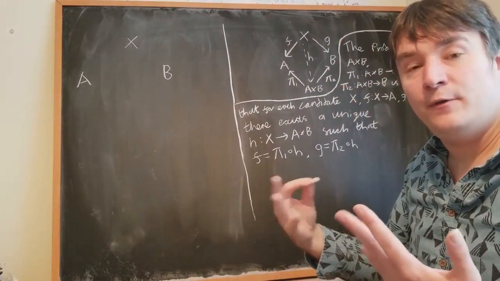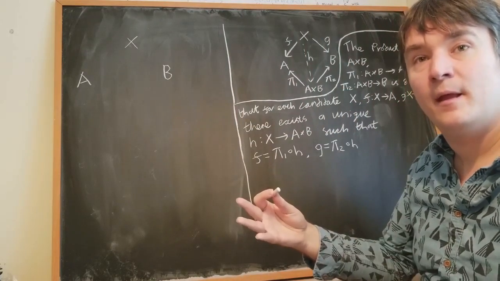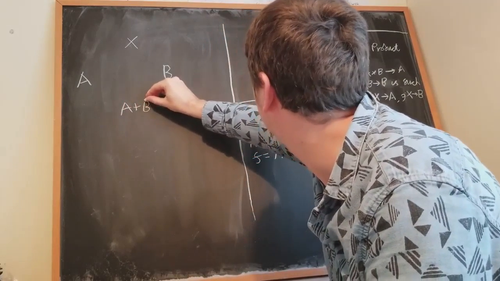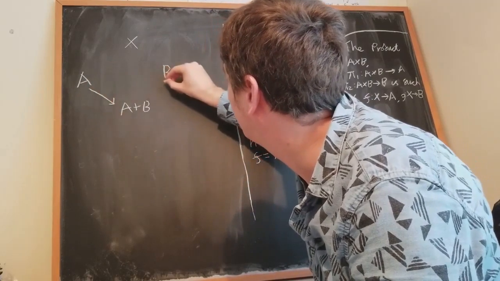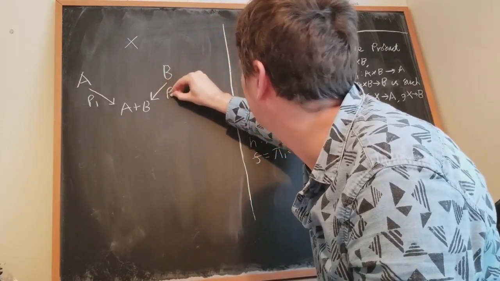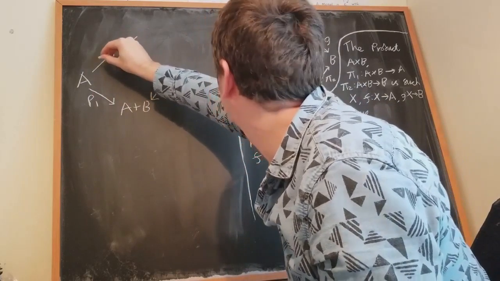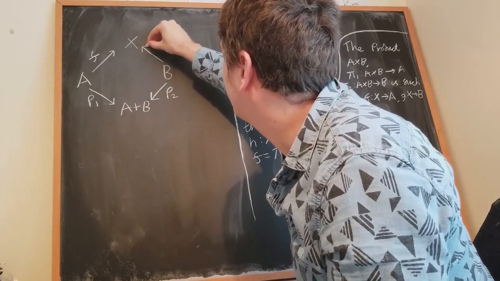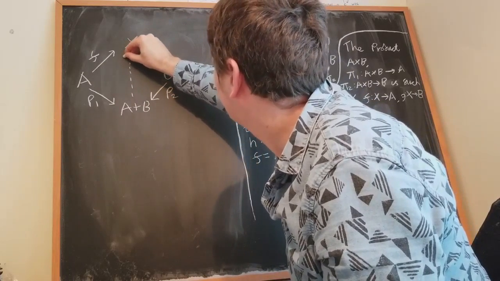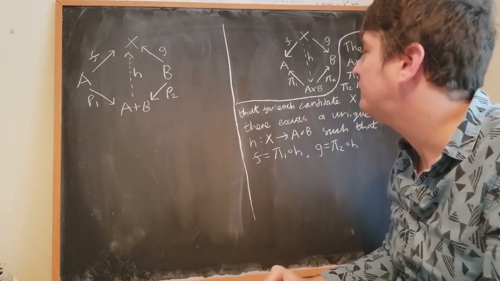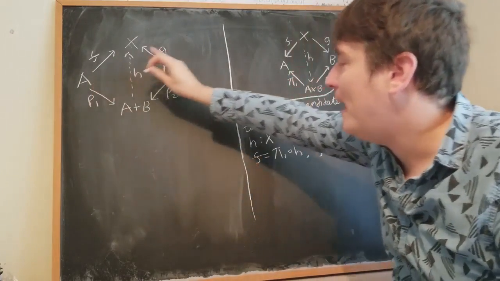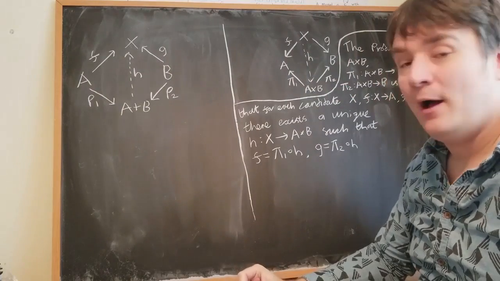We're going to denote this coproduct as A plus B instead of A times B. So this is going to be our diagram which defines what the coproduct of a pair of objects is. So I'll simply write down the definition.